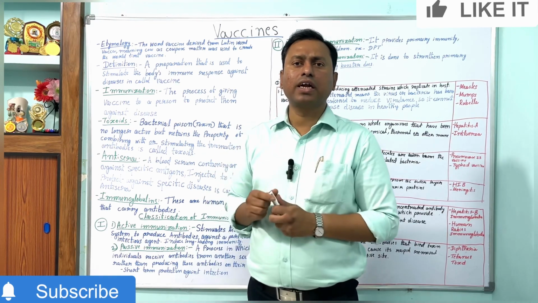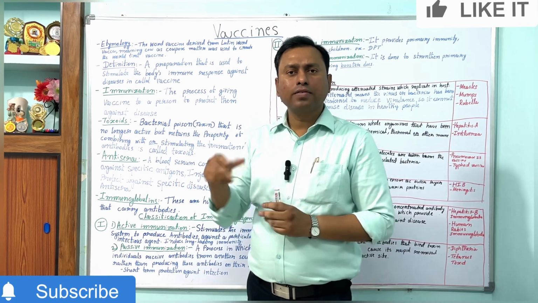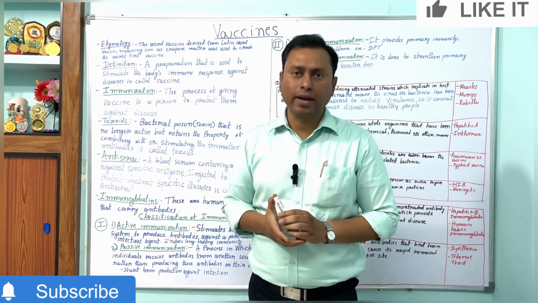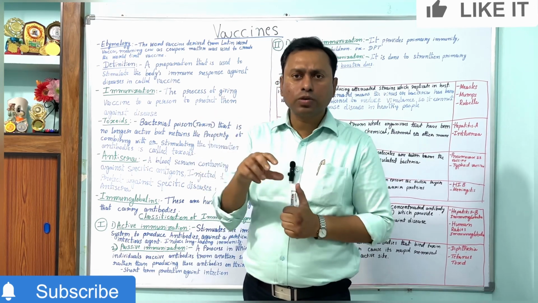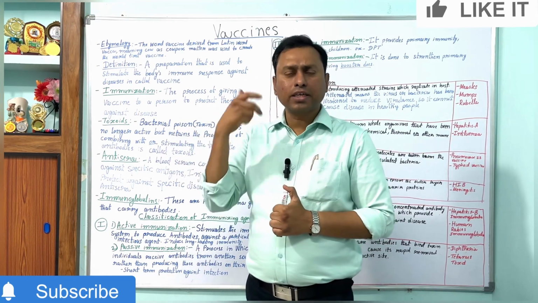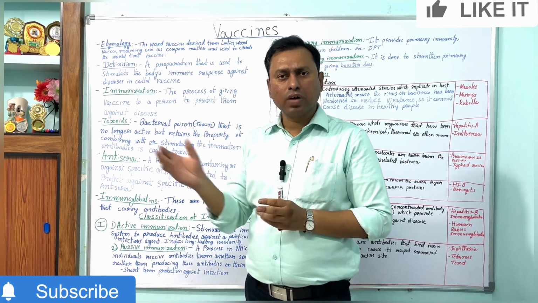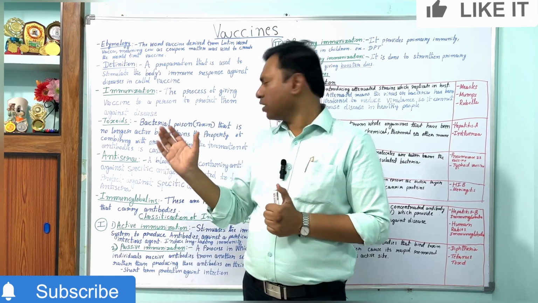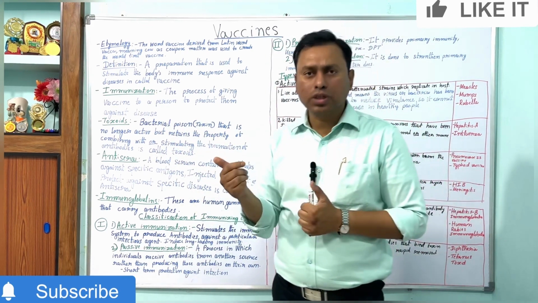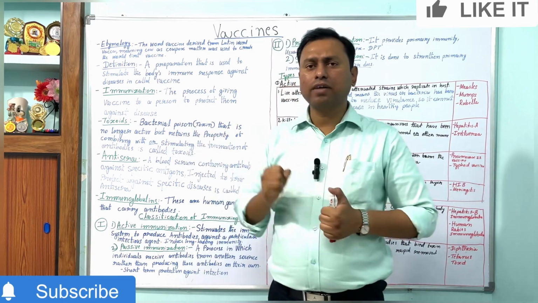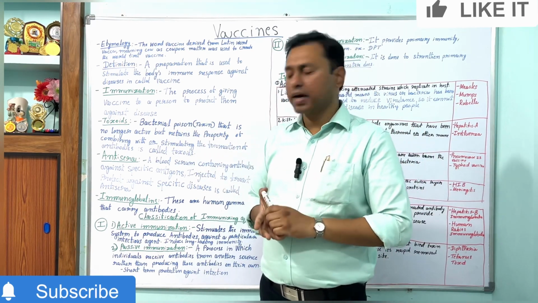We give the antigens to some other person or animal, that animal produces antibodies against that disease, and we separate out the serum and use those antibodies. We collect the antibodies, which help in protecting against the disease.